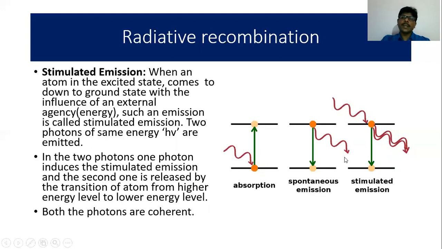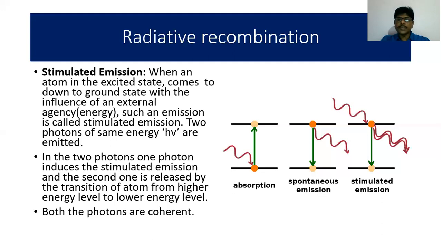So in this lecture, we have seen what radiative transitions are. Radiative transitions mean energy is given out in the form of photons. The processes involved are absorption, spontaneous emission, and stimulated emission. Absorption means the atoms in the ground state absorb energy and go to different higher energy states.